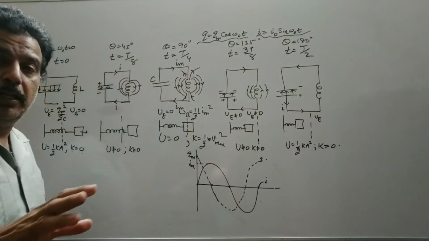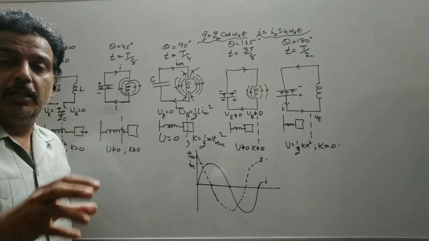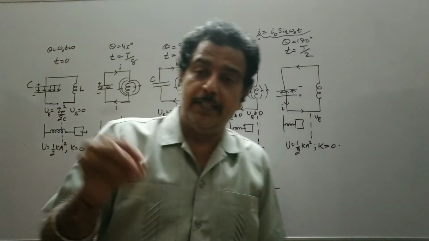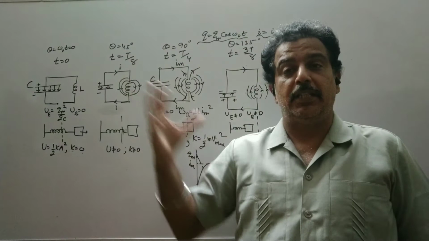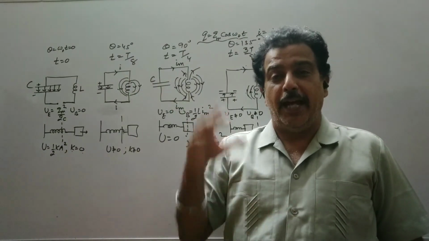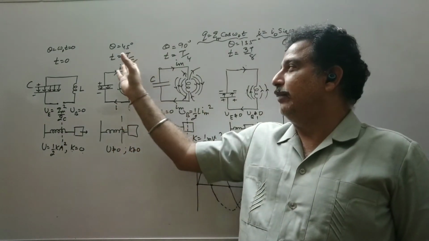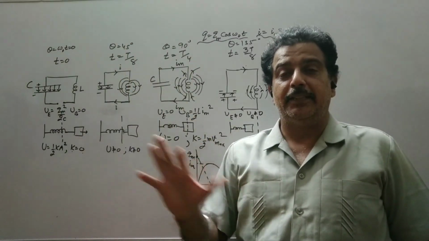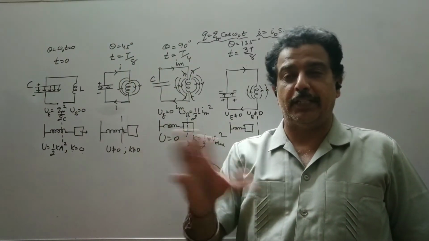It means the energy stored in the capacitor is equal to the energy stored in the inductor. Means if a capacitor has 5 joule energy at this point, at the time T by 8, or at theta equal to 45 degrees, the energy is equally stored, that is half.